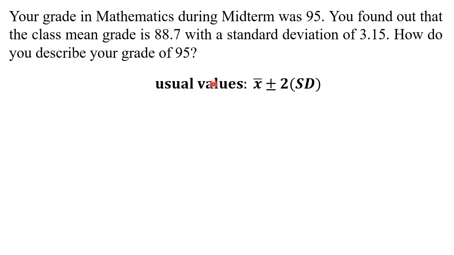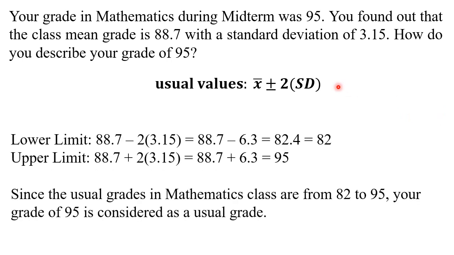So converting this again into its usual values to find out whether your grade of 95 is within the range or outside the range. So the mean grade in that class is 88.7 with a standard deviation of 3.15. So 88.7 minus the product of 2 times 3.15, which is 6.3. So for the lower limit, 88.7 minus 6.3 is 82.4 or simply 82.